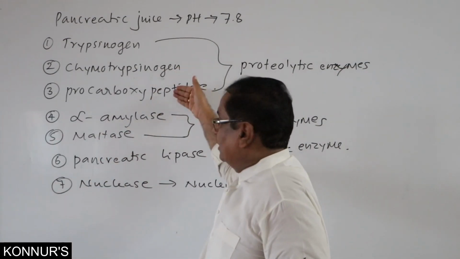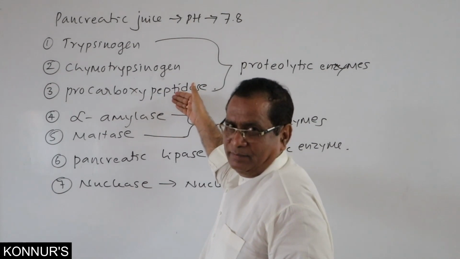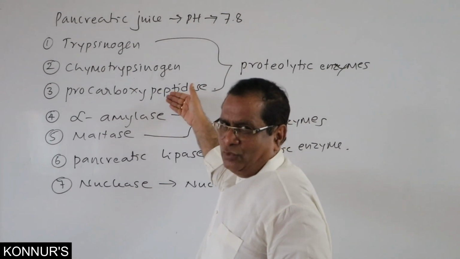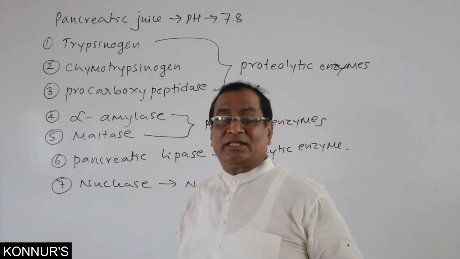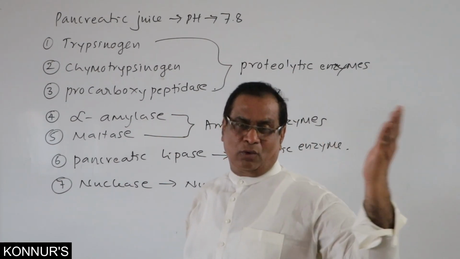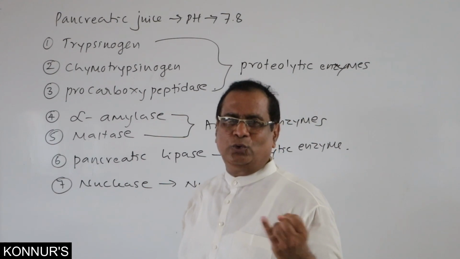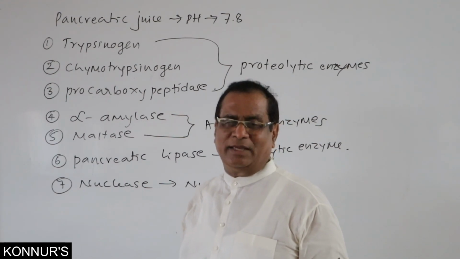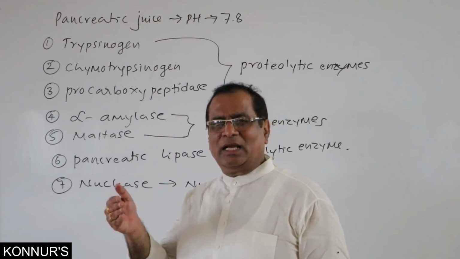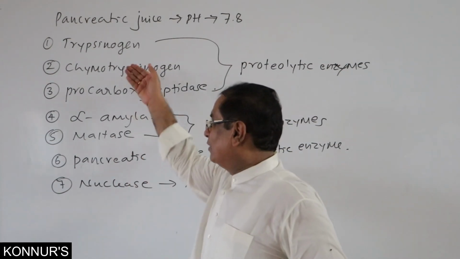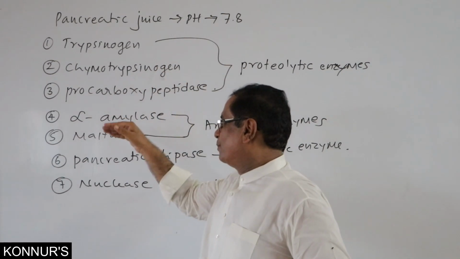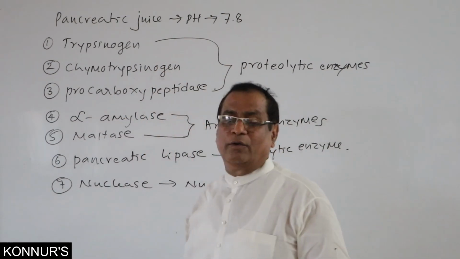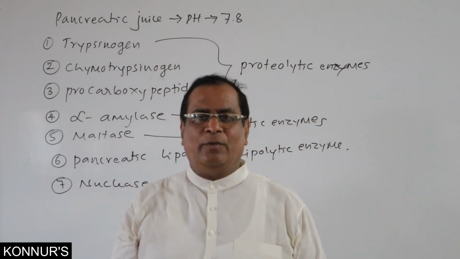And these three, they are zymogens, means inactive form of enzymes. In gastric juice, we have come across two zymogens, inactive enzymes, pepsinogen and prorenin. In the similar way, trypsinogen, chymotrypsinogen, procarboxypeptidase, all of them are inactive form of enzymes.